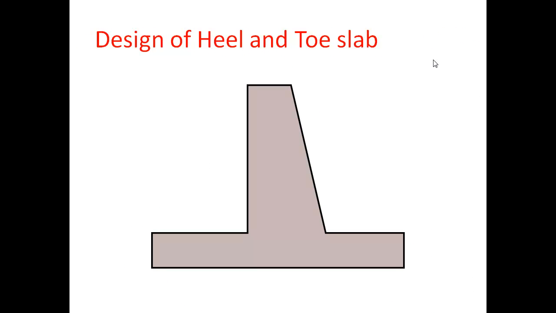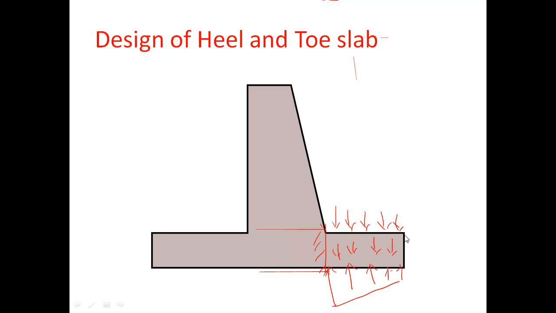First, let us consider the heel slab. Okay, this is the heel slab. When we design, we will consider it as a fixed beam. It is fixed in this portion. So, what are the loads acting on this heel slab? The overburden of the soil will be one load, the self weight of the concrete will be another load, and the upward bearing pressure acts in trapezoidal form.